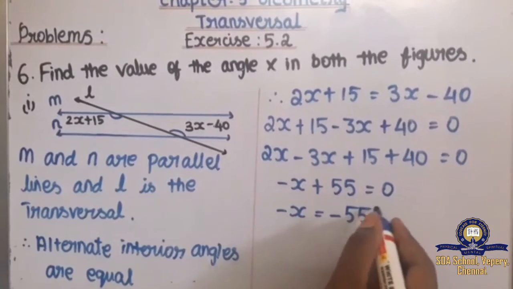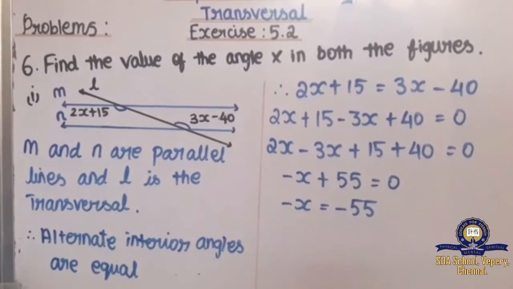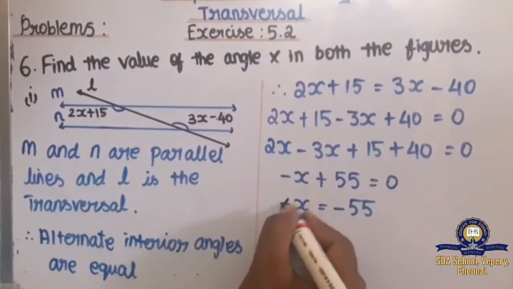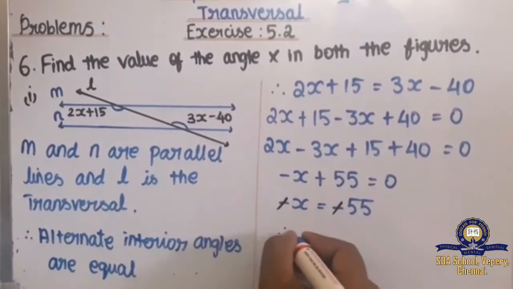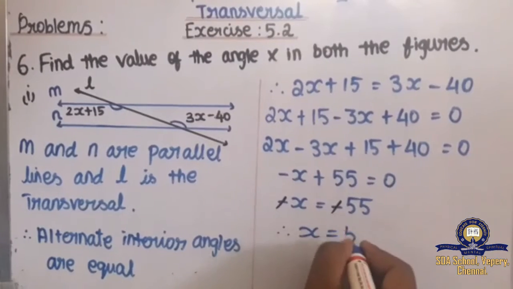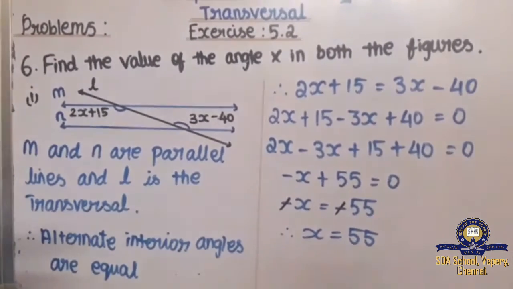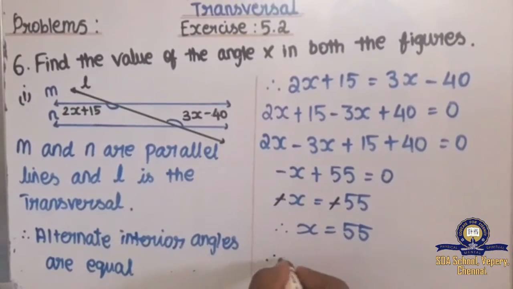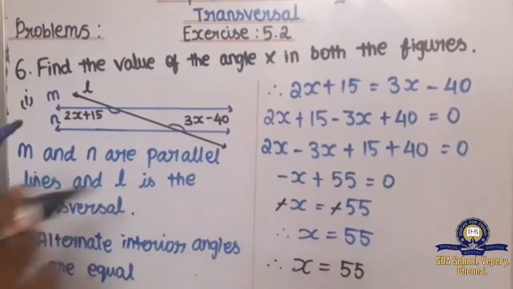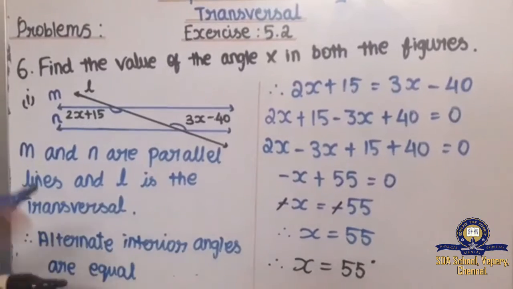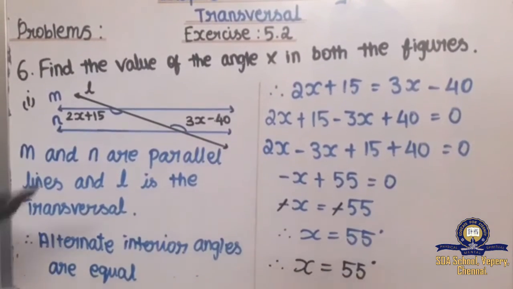Therefore, minus 55. Now here, both sides are equal, therefore, we can cancel this minus. Hence, we get x is equal to 55. Therefore, the value of x is equal to 55 degrees. This is our final answer.